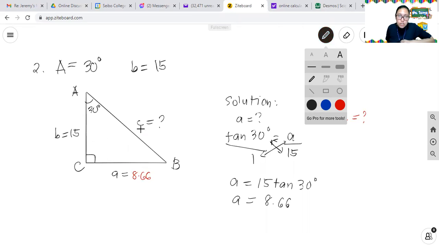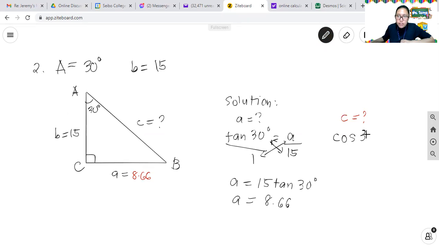What trigonometric function can we use in order to solve C? B is the adjacent side of A, while C is the hypotenuse. And we have the adjacent and the hypotenuse. The function there is cosine. So cosine 30 degrees is equal to the adjacent side, which is 15, over C. So again, we cross multiply. We always add 1 to the whole number, because if there's no written denominator, it's automatically 1.